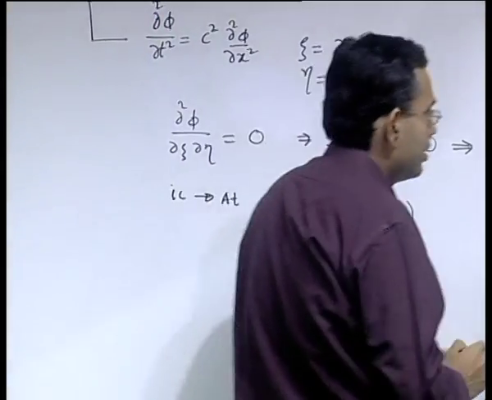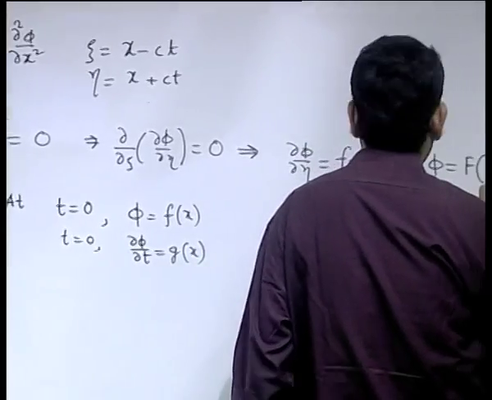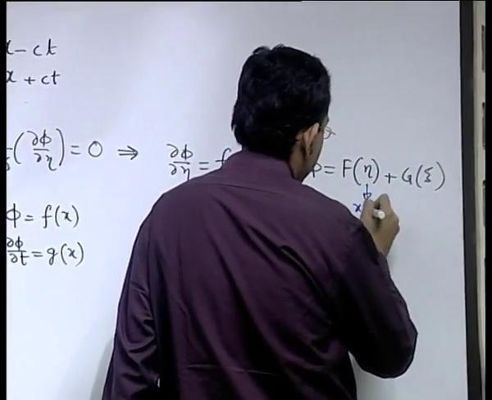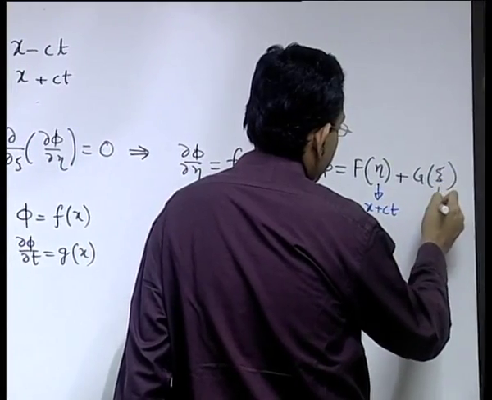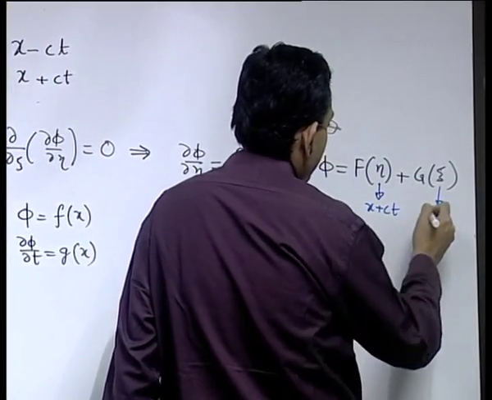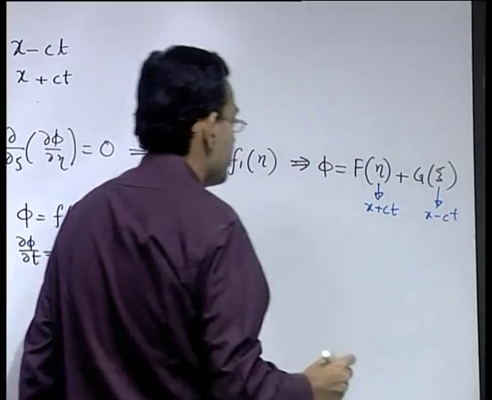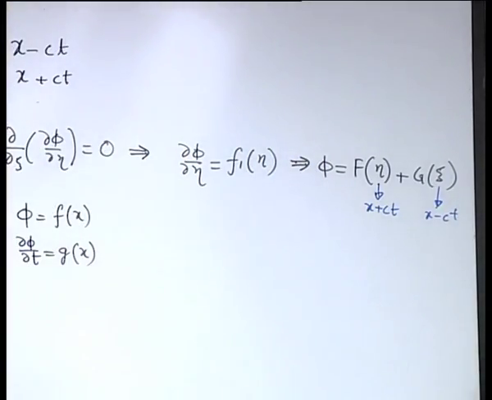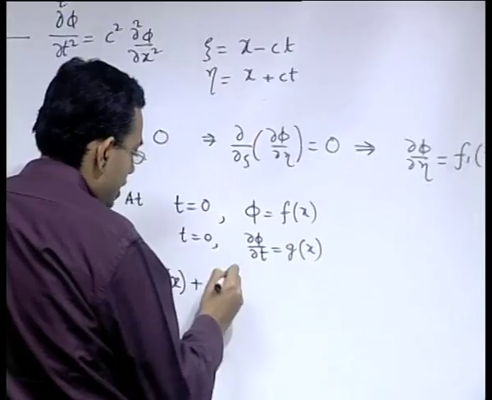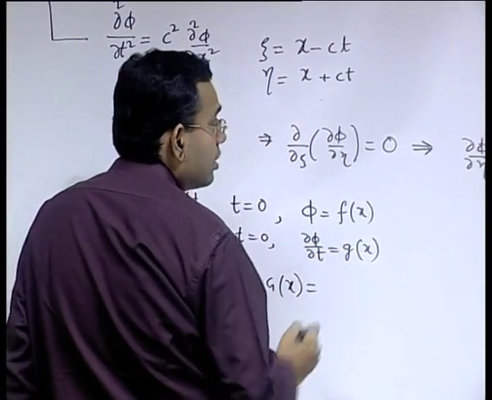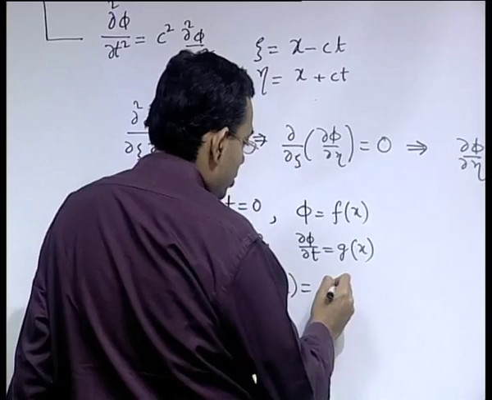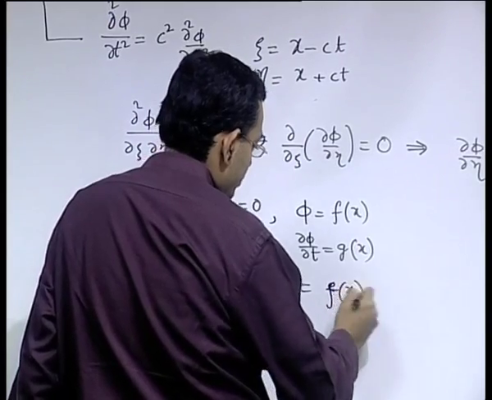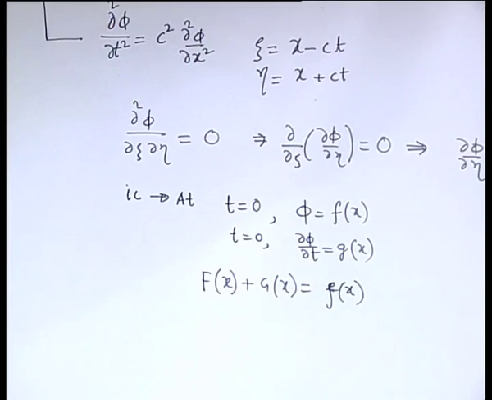So remember eta is x plus ct, this is x minus ct. So F(x) plus G(x) is equal to small f(x), and derivative with respect to time.